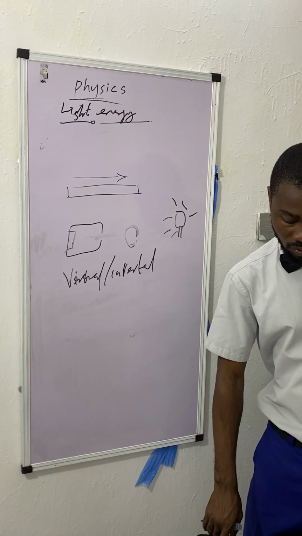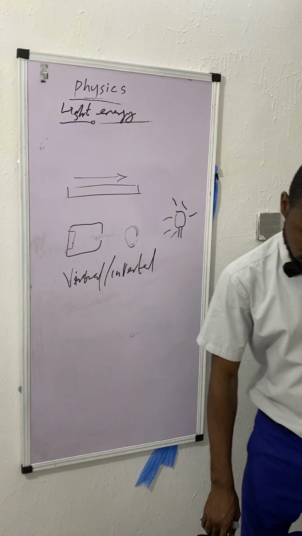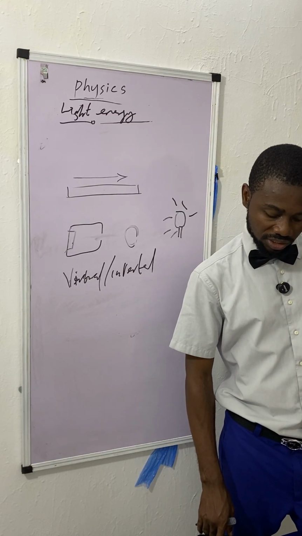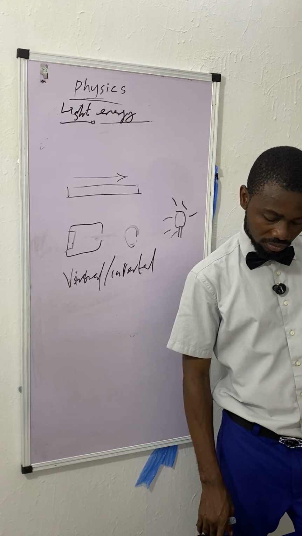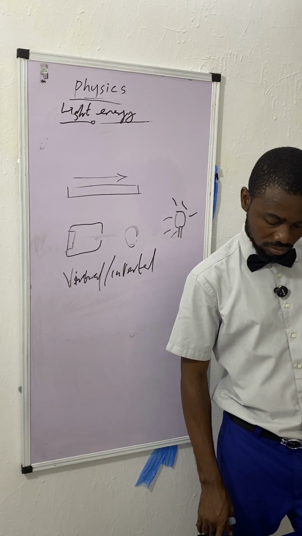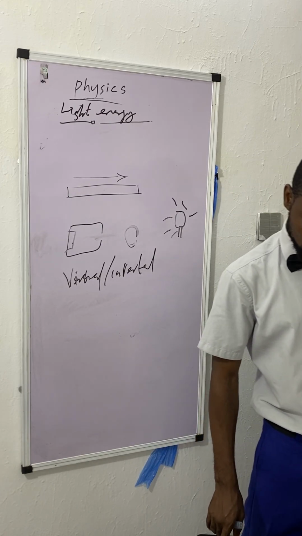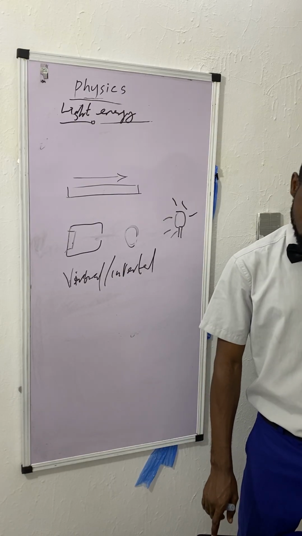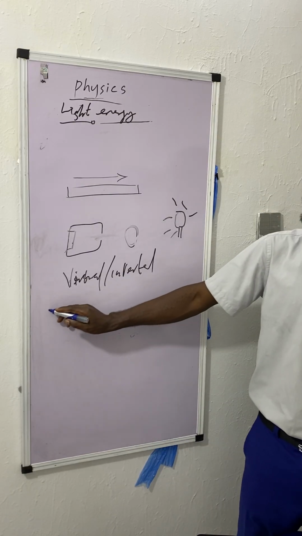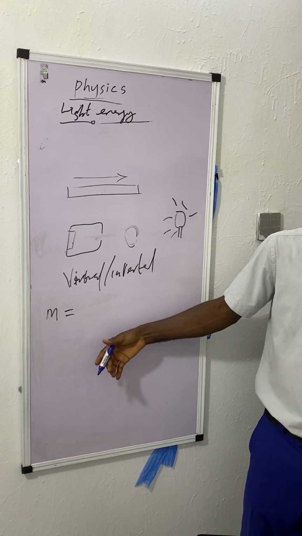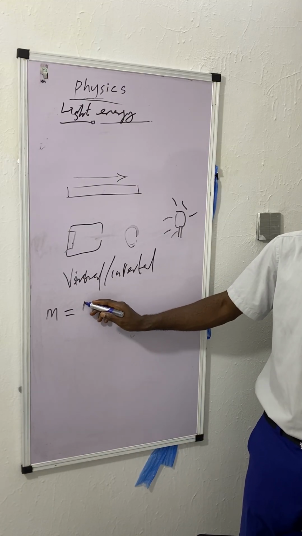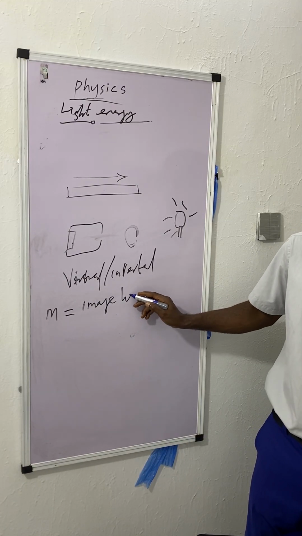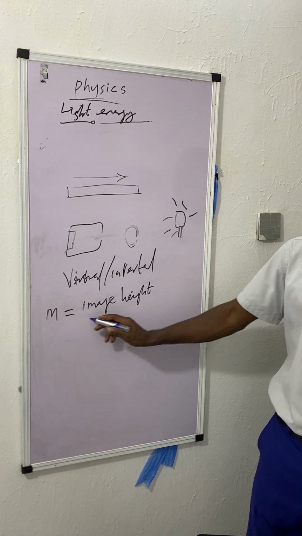So this takes us to the calculation of magnification. Magnification M is equal to, that's the definition of magnification, image height over object height.